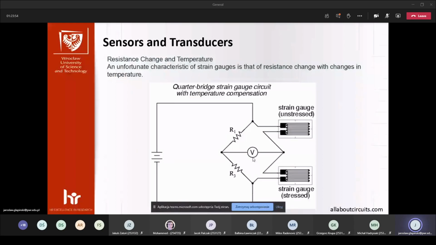For example, first of all, we can add another strain gauge. What for?